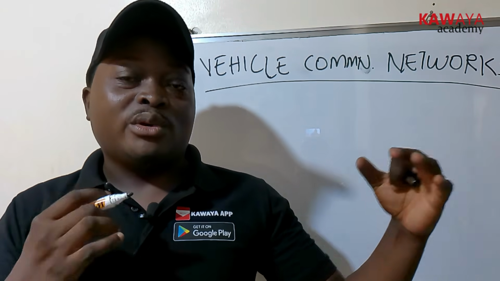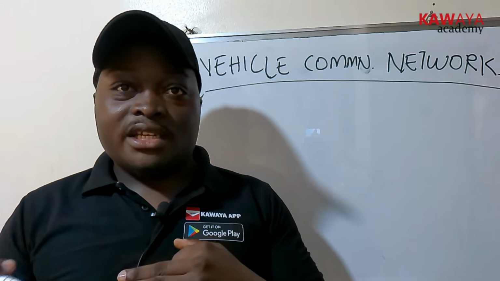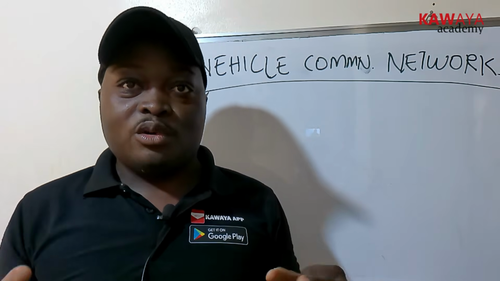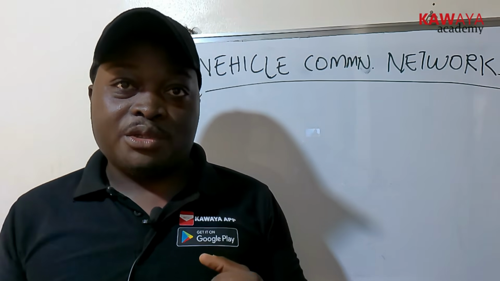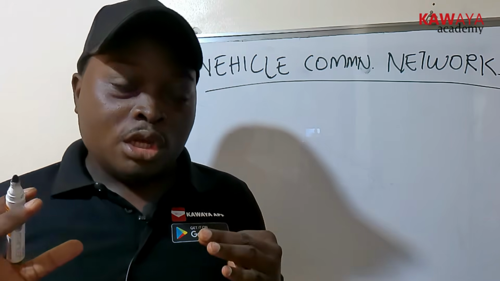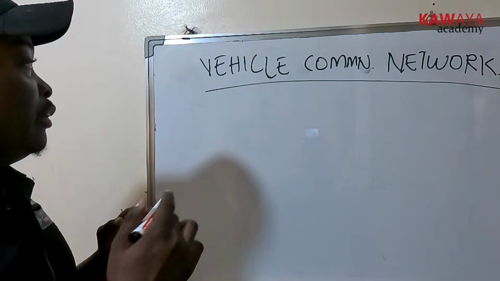In most cases, a network system will be physical wires connecting different ECUs and different components to relay information. Now, the most common computer networks we have currently, we have CAN.